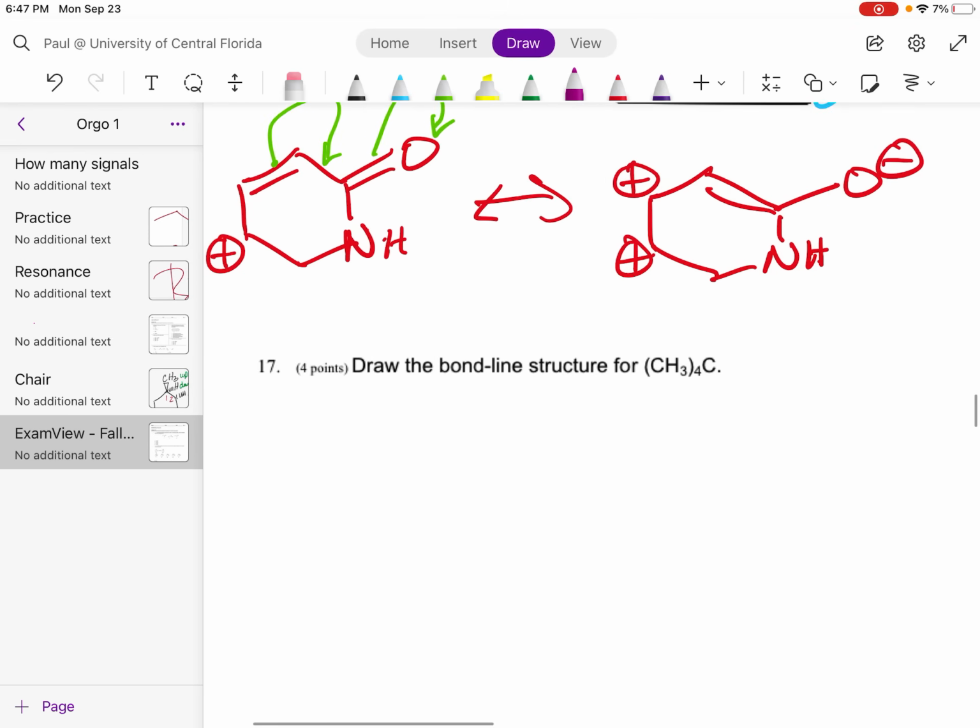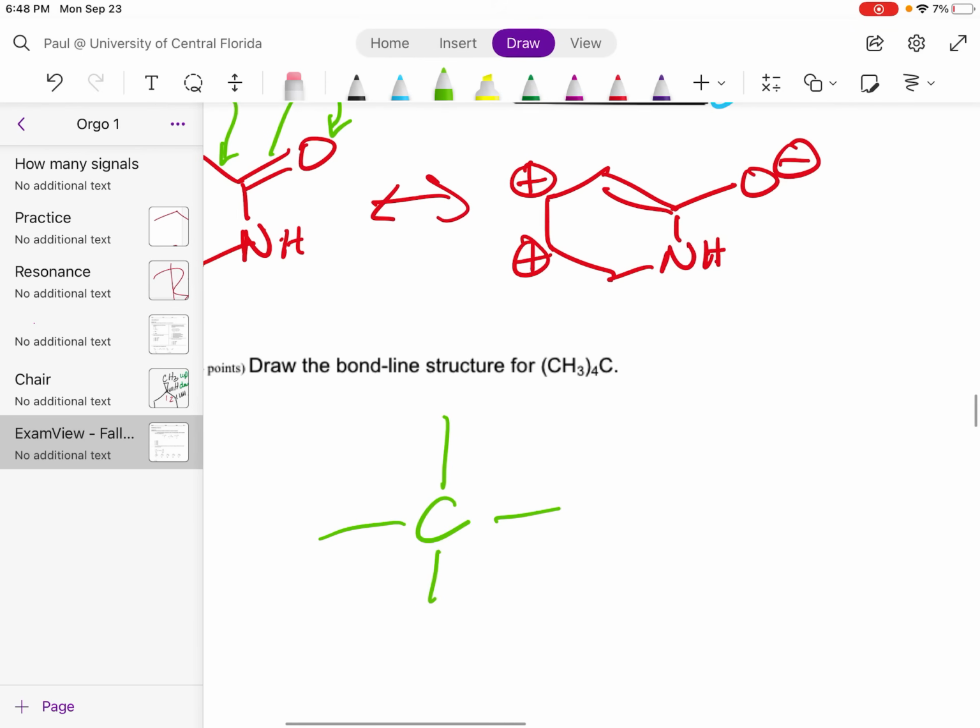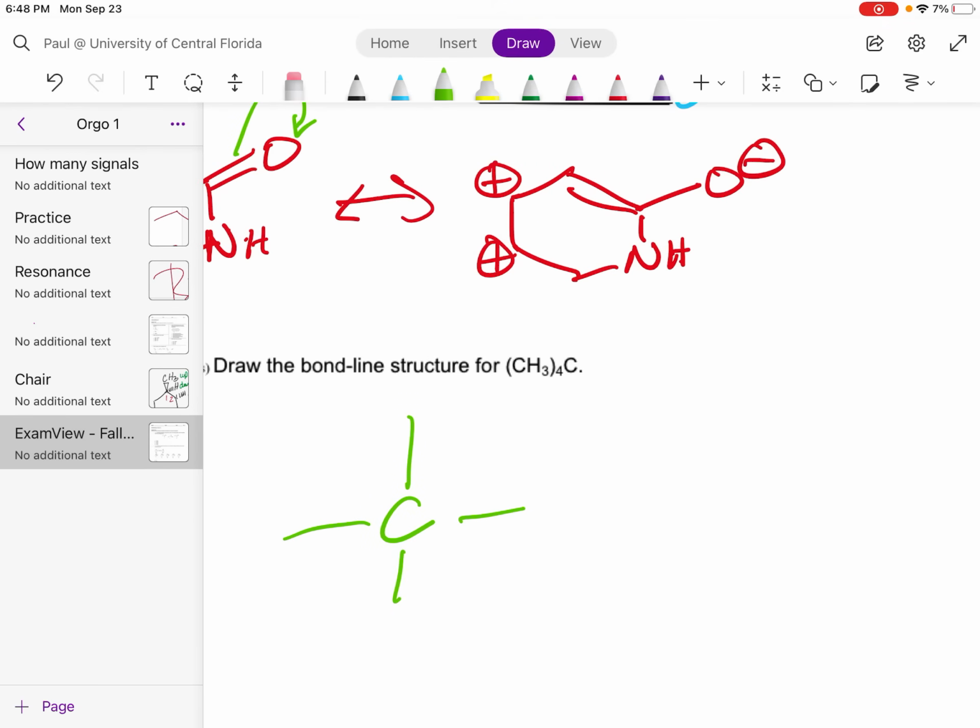Okay, draw the bond line structure for this molecule. That would be a carbon in the middle, and then 4 bonds right there. So that's not a true bond line structure. That's kind of a mix of condensed and bond line. So the true bond line answer would be that.